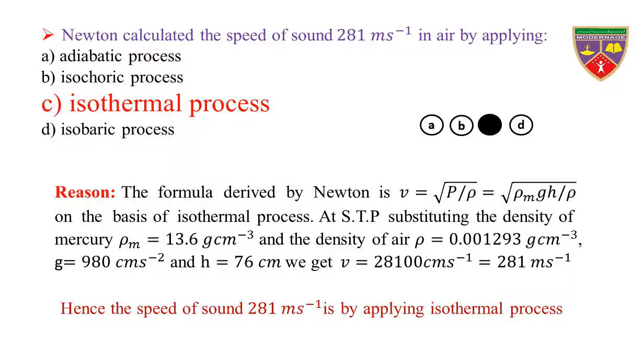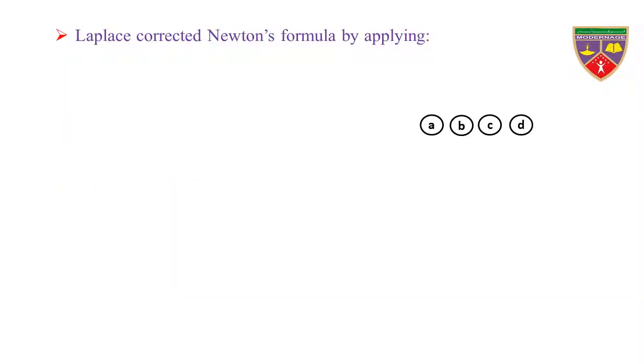Hence, the speed of sound 281 meters per second is by applying isothermal process.